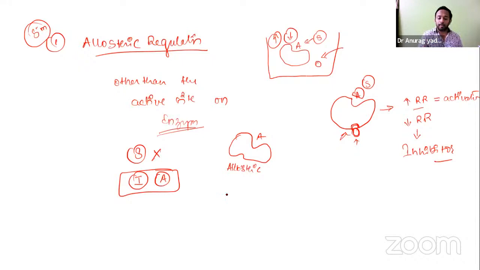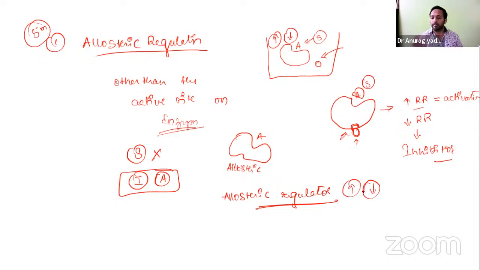So that is called an allosteric regulatory enzyme or regulatory molecule. Allosteric regulators: what they will do, either they increase the reaction or decrease the reaction. If it increases, it's an activator. If it decreases, it is an inhibitor.